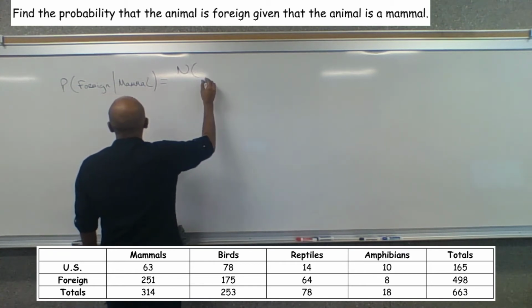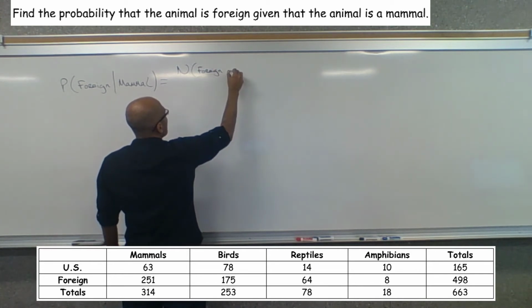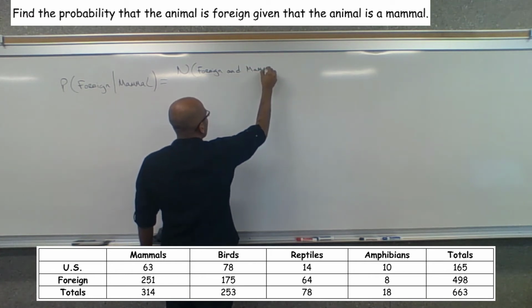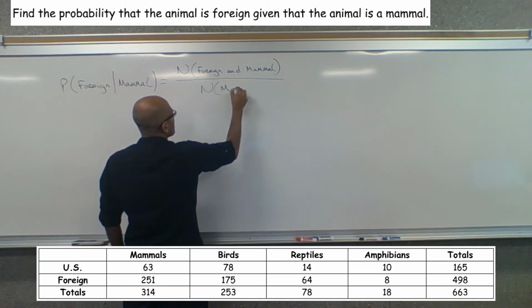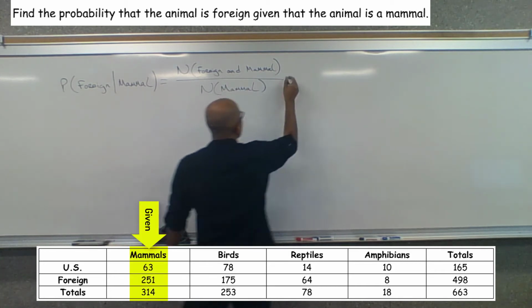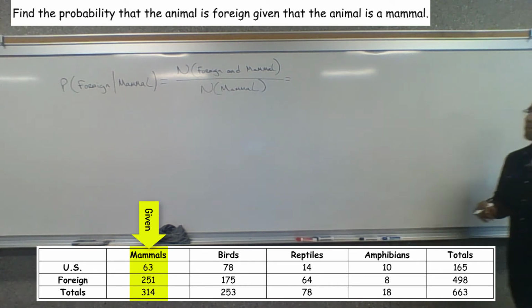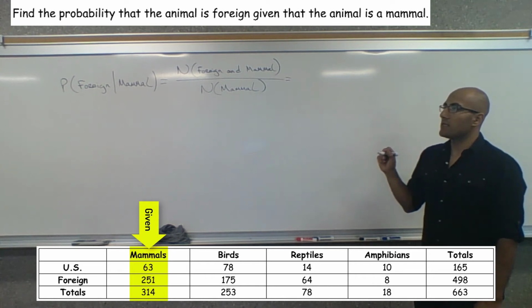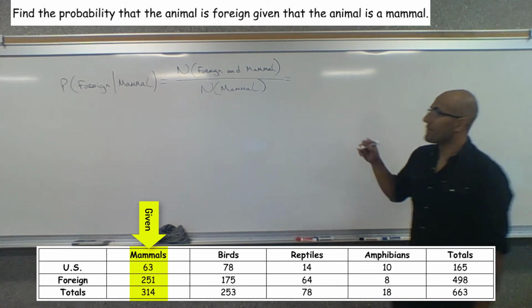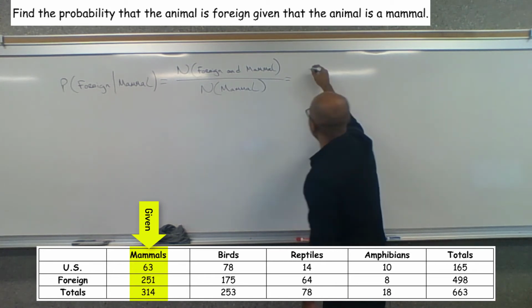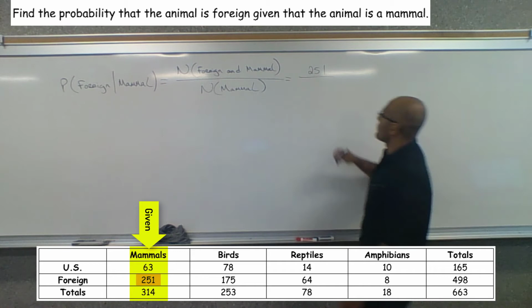So this is just going to be equal to the number of outcomes that are both foreign and mammal, divided by the number of outcomes that are mammals. Okay. And so from our table, we see that the number that are foreign and mammals is equal to 251, divided by the number of mammals, 314.